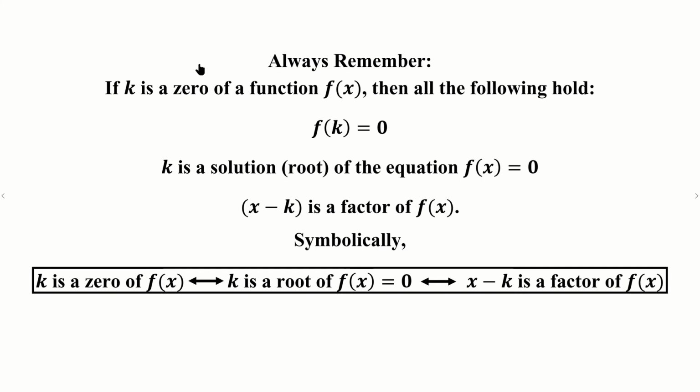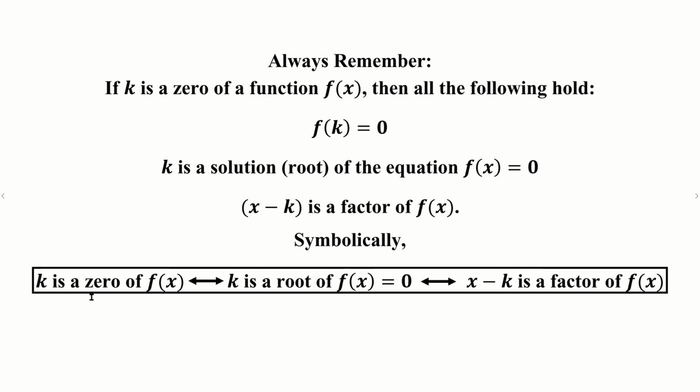All right, so these are some of the things we want to keep in mind: if k is a 0 of a function f of x, then all of the following hold. f of k is 0, just by definition of what the 0 of a function means. k is a solution or root of the equation f of x equals 0, and x minus k is a factor of f of x.